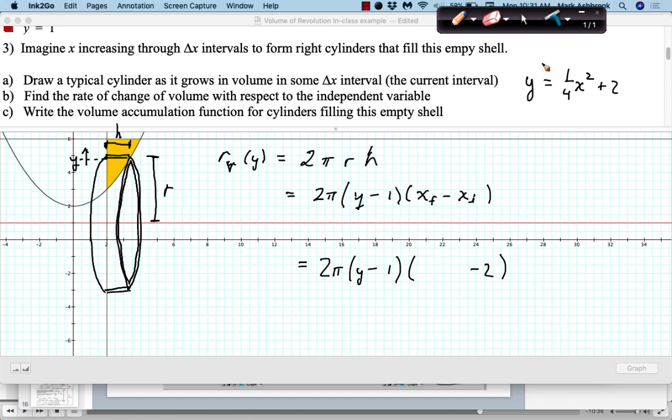So what do I need to do? I need to solve this. I need the x-coordinate there, but in terms of y. So it's going to be y minus 2 times 4 equals x squared, so square root. It's going to be 4 times the square root of y minus 2.